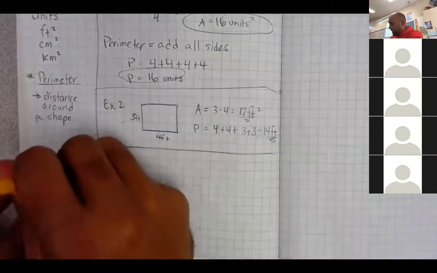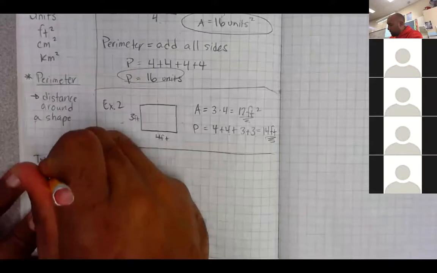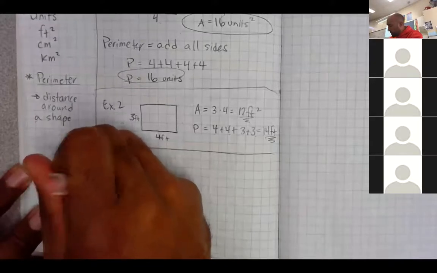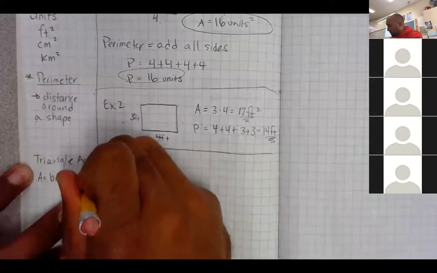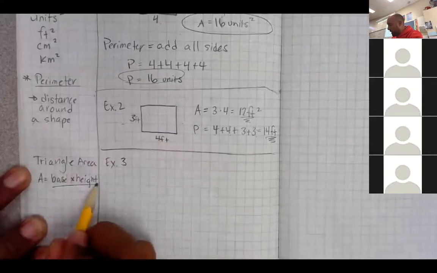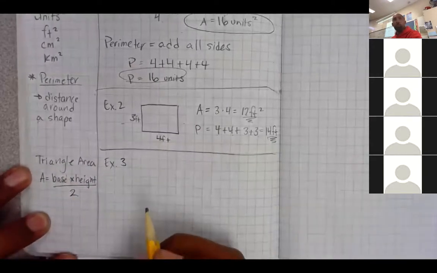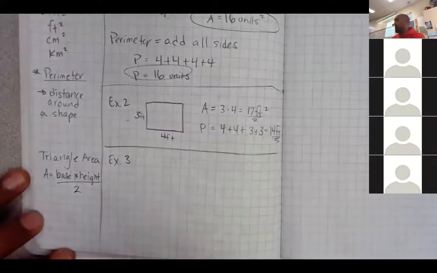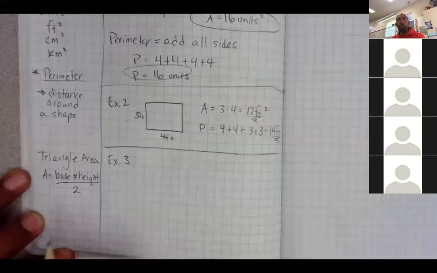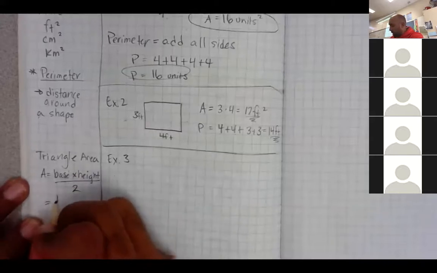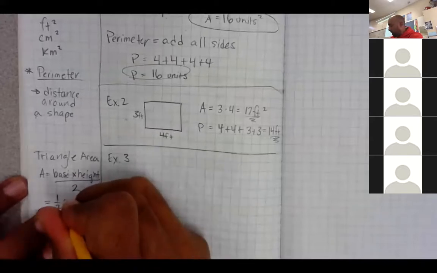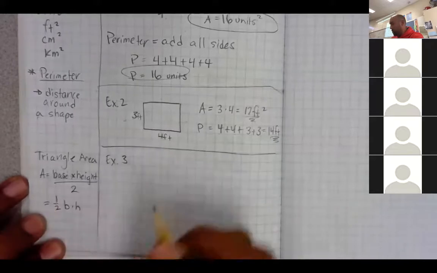Actually, let me write that out. So base times height divided by 2. The other way you might see that written is instead of base times height divided by 2, you might see 1/2 times b times h.